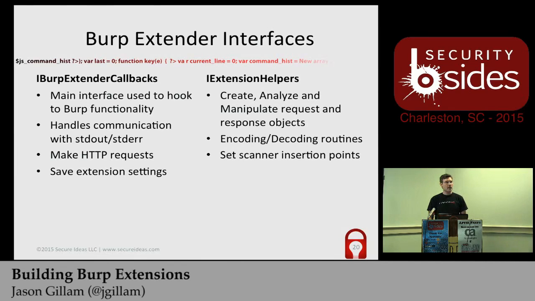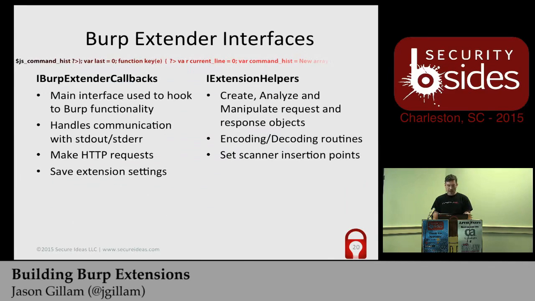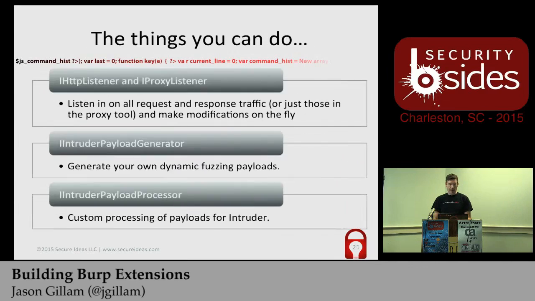That's for actually creating and manipulating requests or requests and responses inside of Burp as well. There are also some decoding and encoding routines, setting scanner insertion points and things like that, so miscellaneous functionality in there. Those are basically all there is for the main support classes. So you have extender, you have callbacks, and you have helpers.